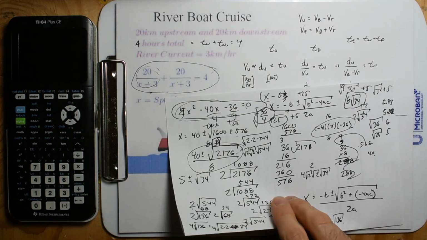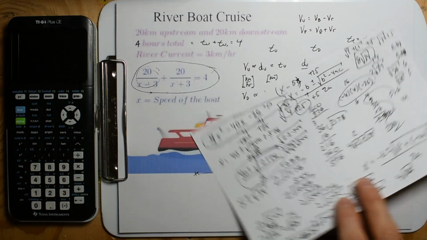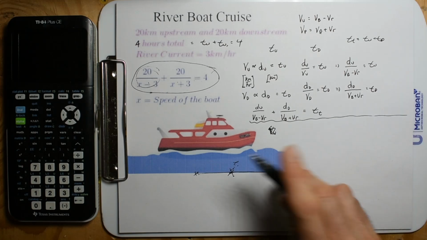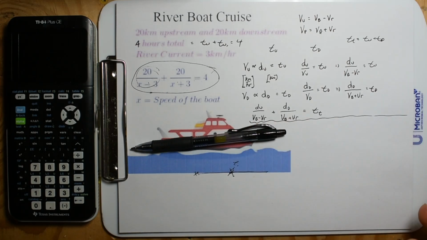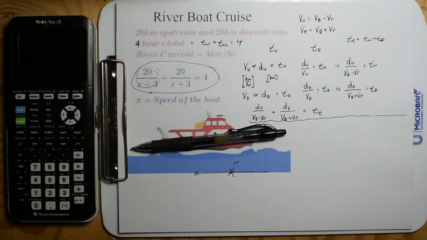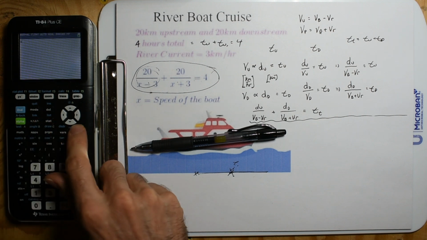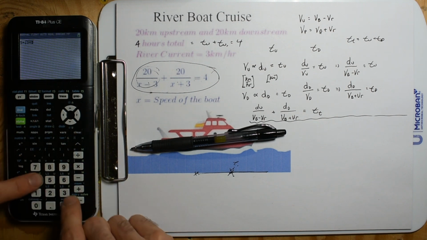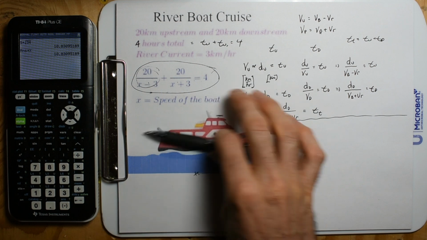And what did we learn? Because that's the other thing. It looks like our boat is going about 11 kilometers an hour, cool. And so if we have this, 5 plus the square root of 34, this is our speed now stored as x.